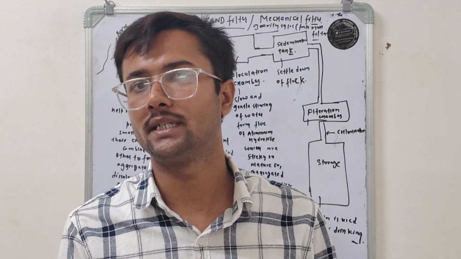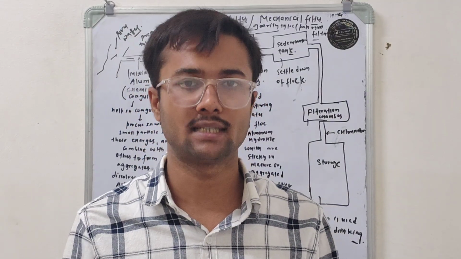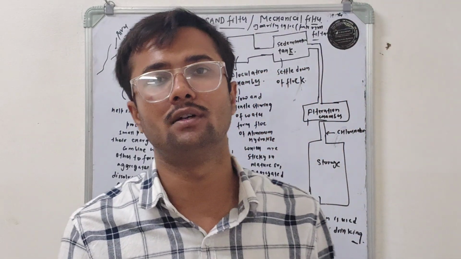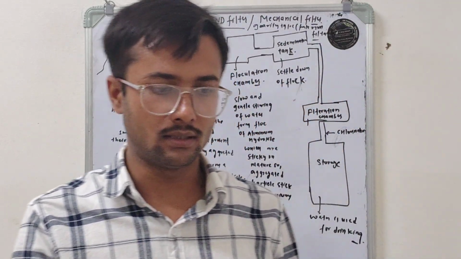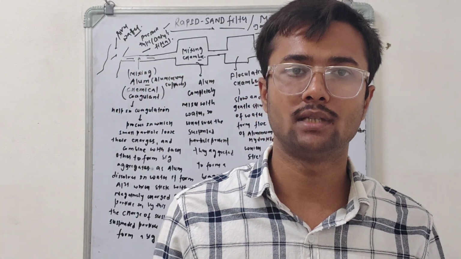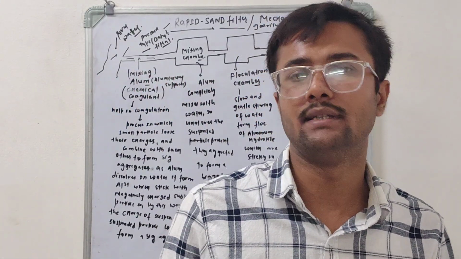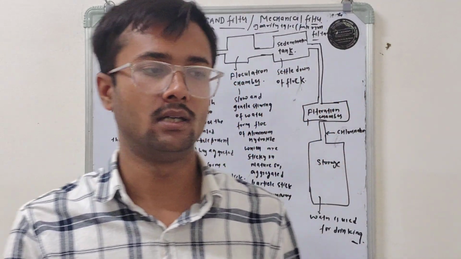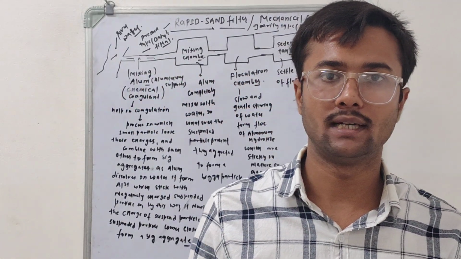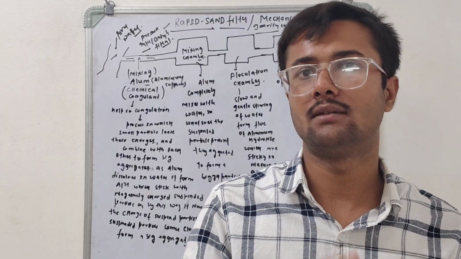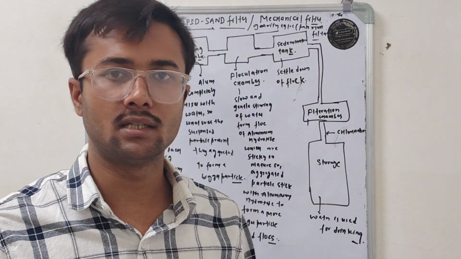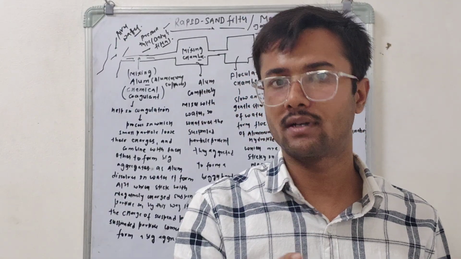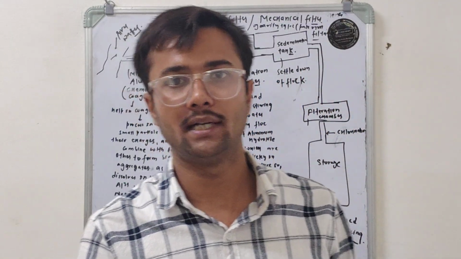So how does mixing alum into the river water help in removal of suspended particles? When the alum, the aluminum sulfate, reacts with water, it ionizes into ionic form, into Al3+ ions. These aluminum ions neutralize the charge of suspended particles.